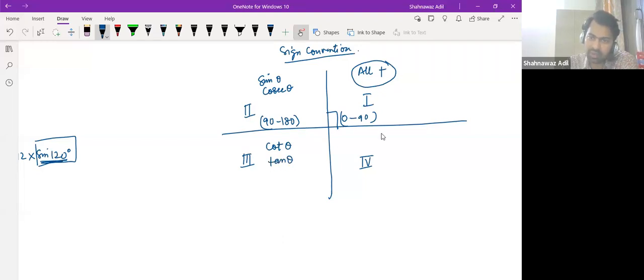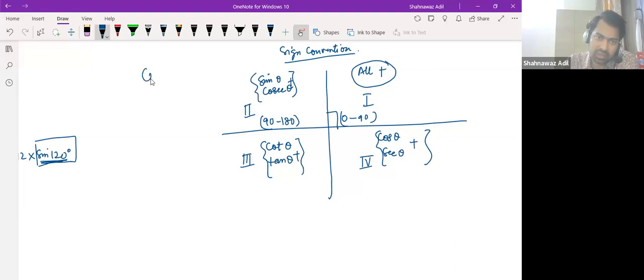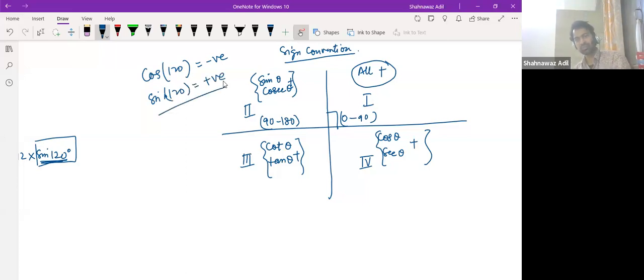And in the fourth, cos and sec are positive. So these are positive, rest are negative. Right? So if I calculate cos of 120, that would be a negative answer. If I calculate sine of 120, the answer would be positive. Okay, is this part clear?